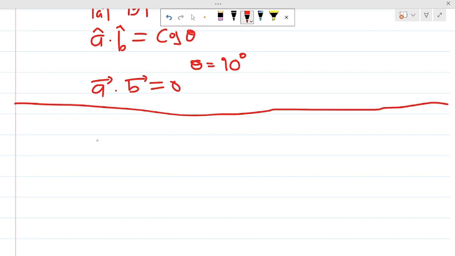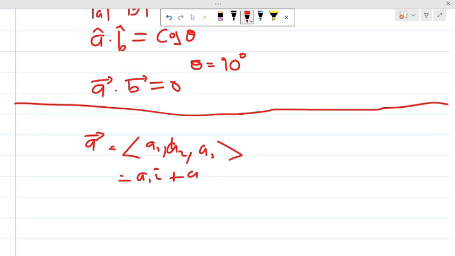We know that if you have a vector a, which we've said is equal to a1, a2, a3, we can rewrite it as a1 i plus a2 j plus a3 k.